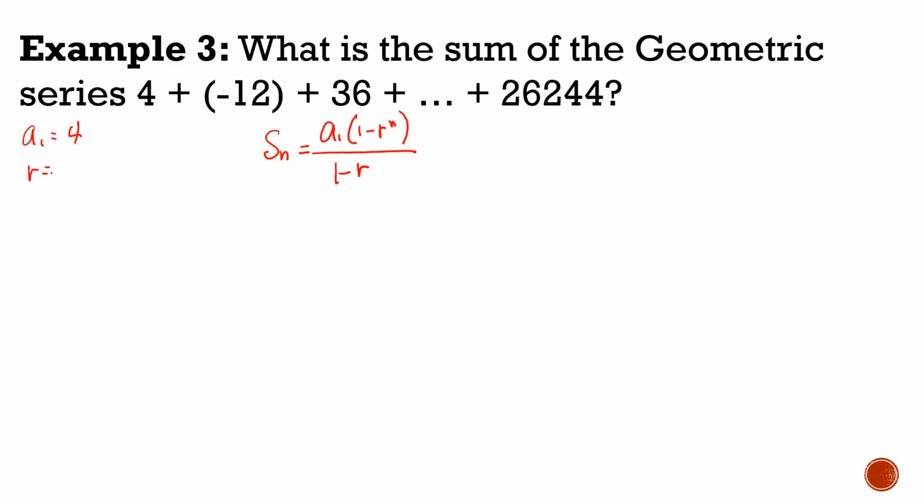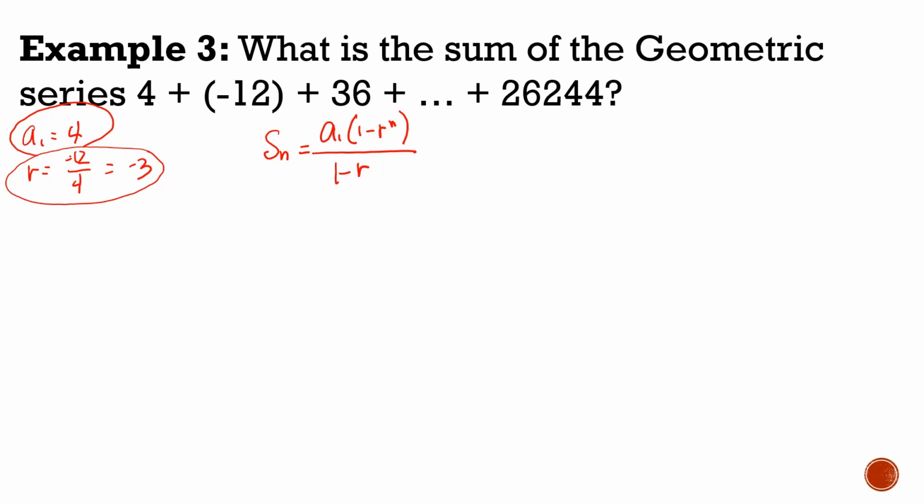Our common ratio here is negative 12 over 4, which is equal to negative 3. So we have the common ratio, we have the a sub 1 or the first term, but what's missing here is n, the total number of terms that we are adding.